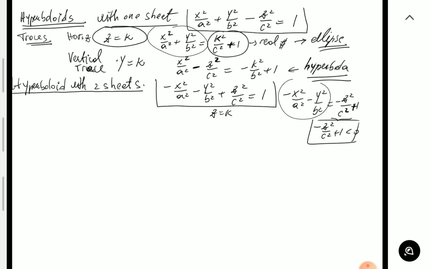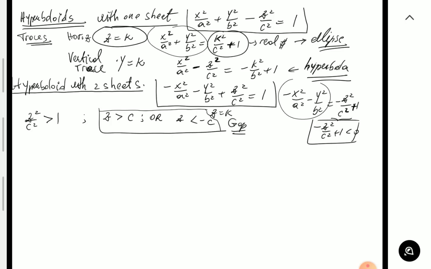That's another way of saying that z squared over c squared should be greater than 1, which is another way of saying, if you solve the inequality, z should be greater than c, or z should be less than minus c, assuming that c is a positive number, of course. So that means there is a gap in the picture between minus c and c, right, for z.